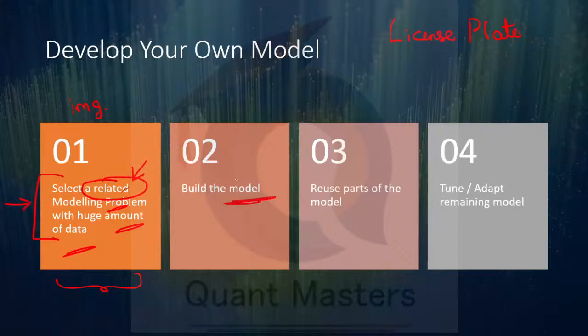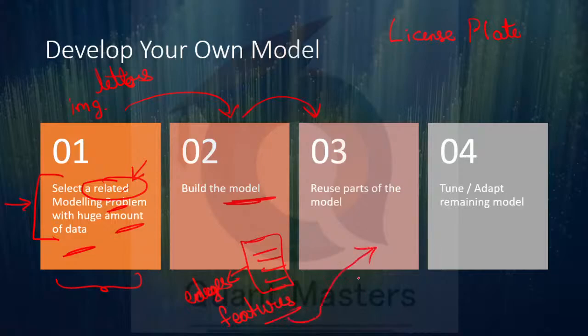You have to build a model on those images which already exist, like letters or numbers and so on. After you train a model on that, you take the first half, you take some parts of the model, that is the first few parts where it can identify edges, features, differences in colors and so on. After that, the rest of the model, you put it with your data. You adapt the remaining model to your data. This is exactly what transfer learning is.